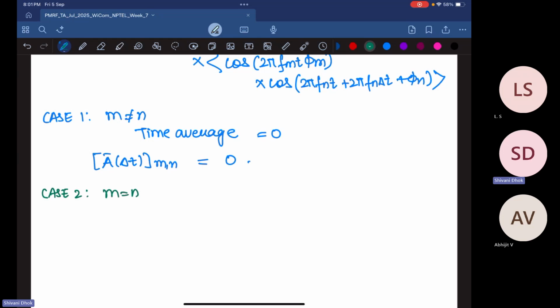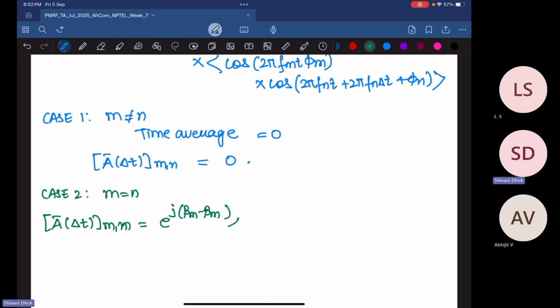Now in case 2, when m is equal to n, this a bar of delta t's m comma mth entry is equal to e power j (beta m minus beta m), which is basically e power j 0, which is 1, into cos of (2 pi fm t plus phi m) times cos of (2 pi fm t plus phi m plus 2 pi fm delta t).